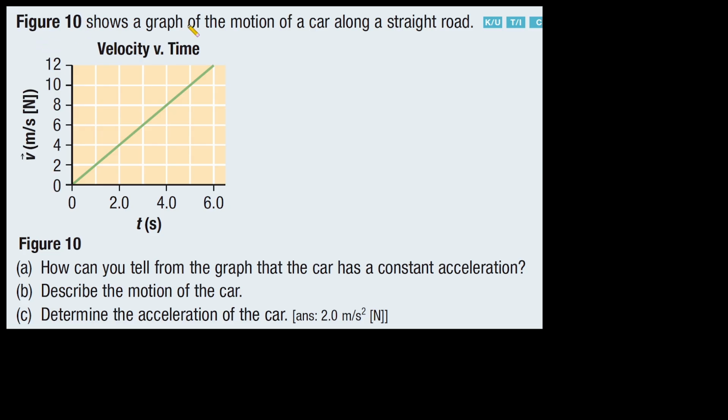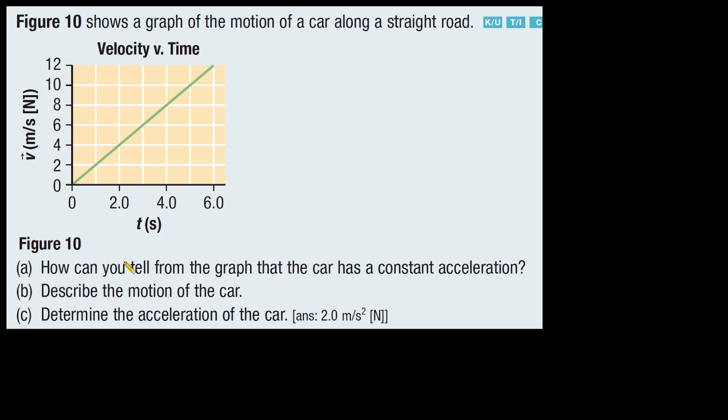Question. Figure 10 shows a graph of the motion of a car along a straight road. So this is a velocity time graph. A. How can you tell from the graph that the car has a constant acceleration? B. Describe the motion of the car. C. Determine the acceleration of the car.